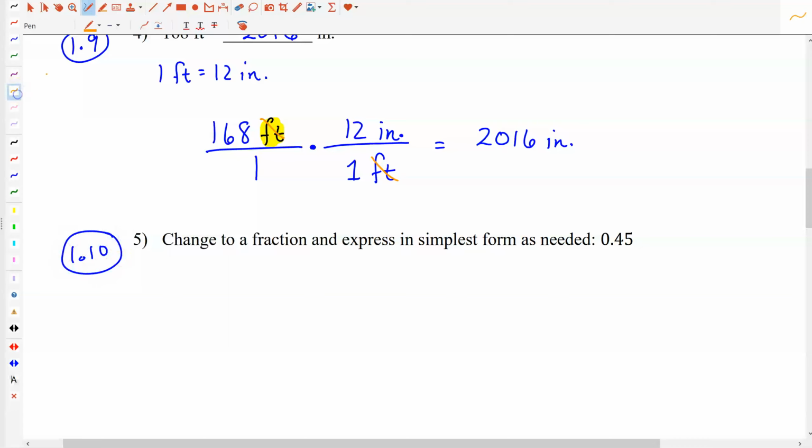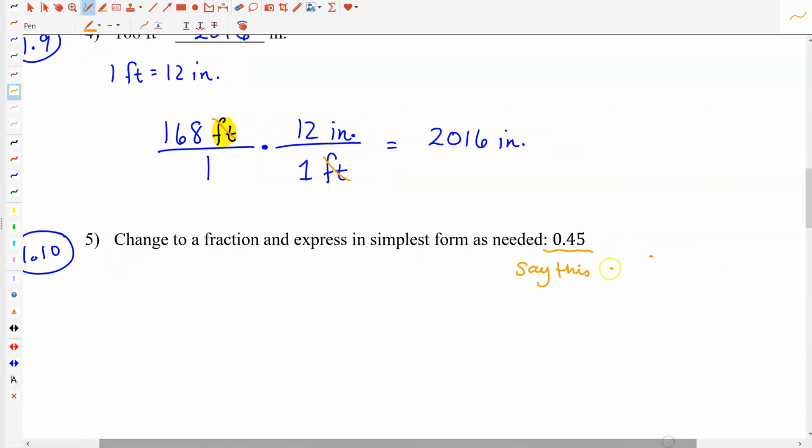Now, the easiest way to do this is to say this decimal properly, not with the point name. So we need to know our decimal places, right? So whether or not it's tenths, hundredths, thousandths, 10,000ths, and so on.